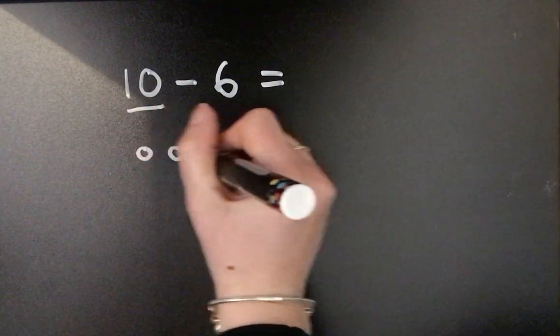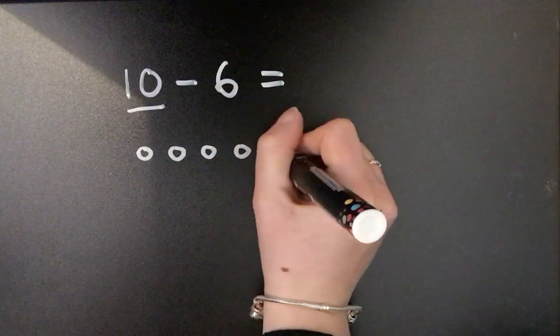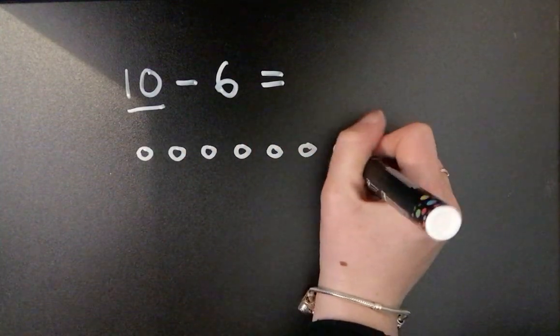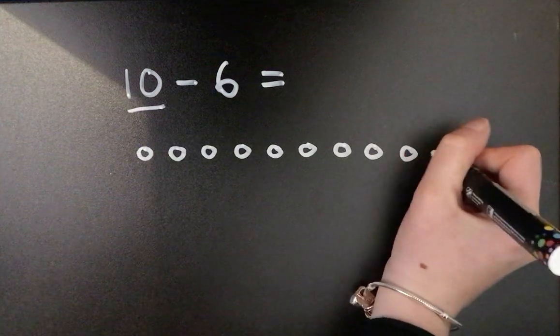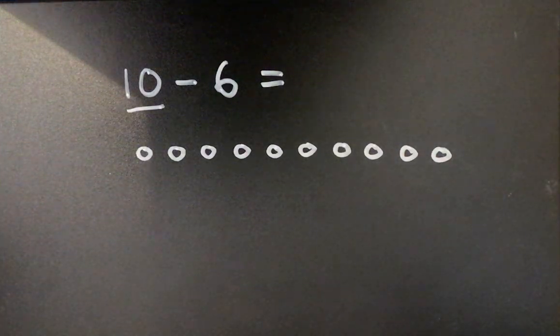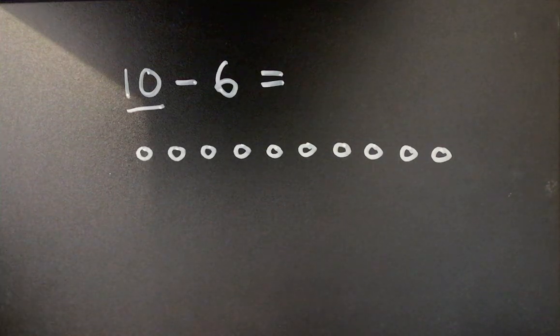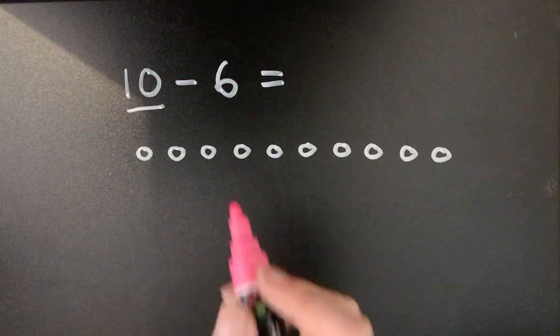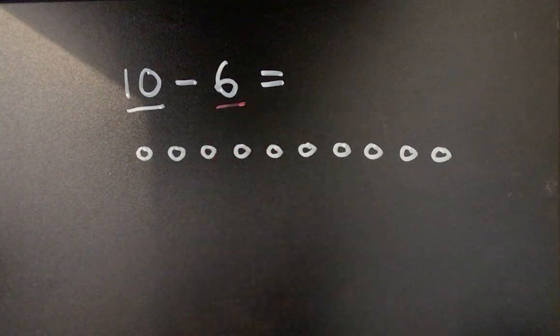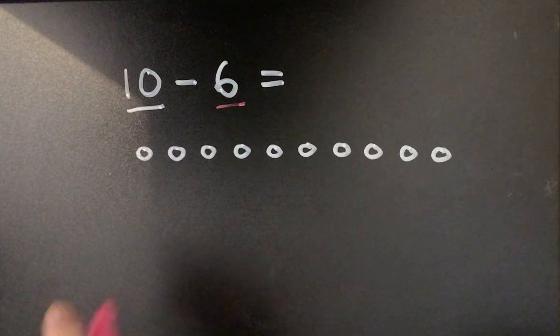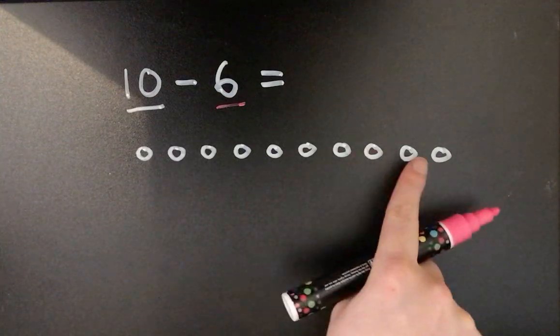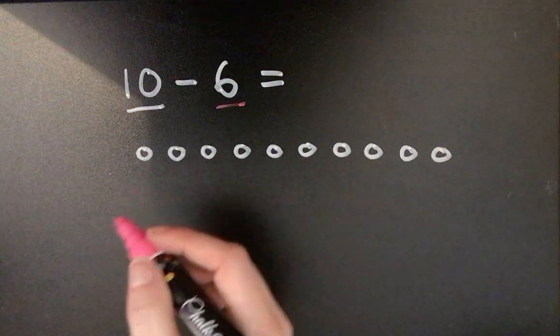1, 2, 3, 4, 5, 6, 7, 8, 9, 10. So we've drawn 10 dots. Now, we want to find the difference. So I'm going to then draw 6 dots below my 10 dots in line so that I can see how many I've got left over.